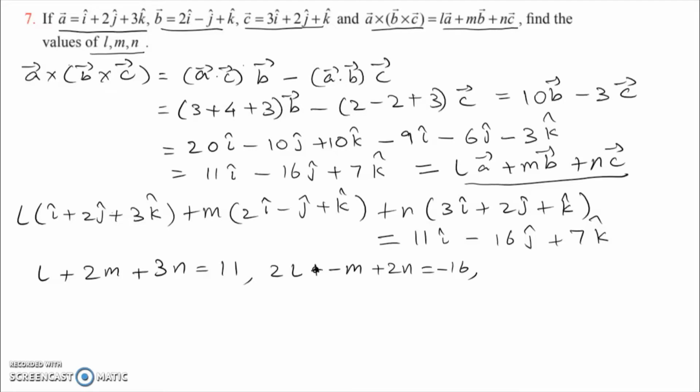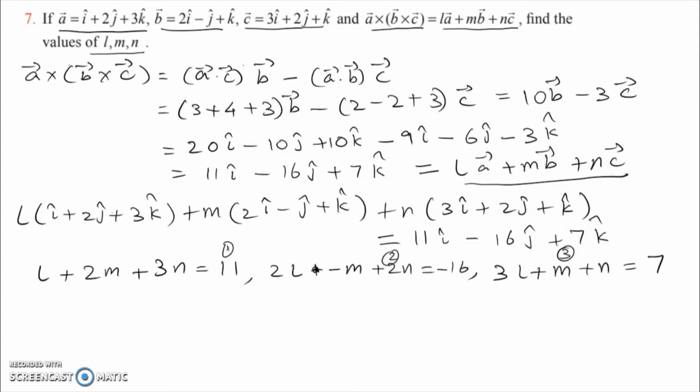And now taking the coefficients of k cap, 3L plus m plus n is equal to 7. So we have three equations here. Now let's call them equation 1, 2, and 3, trying to save space.